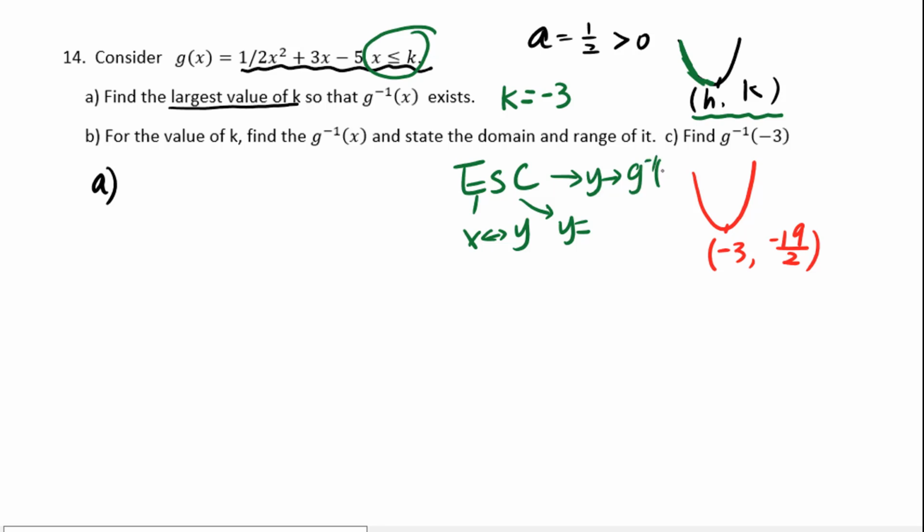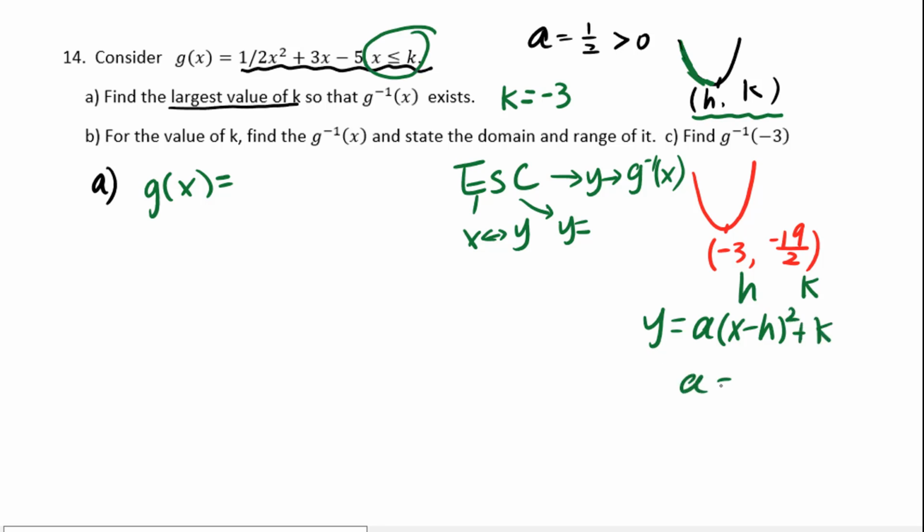This is a g function. Before we do that, we have to change g of x into vertex form. Since we already have h and k, the vertex form is a times x minus h squared plus k.